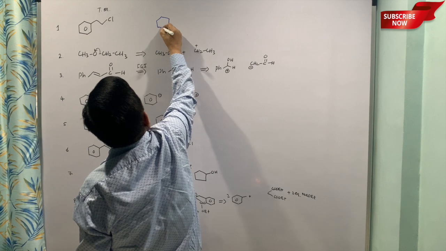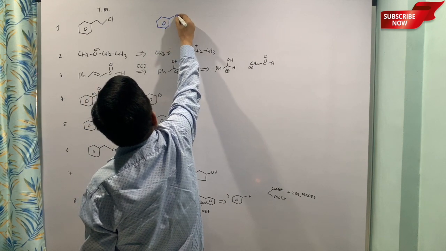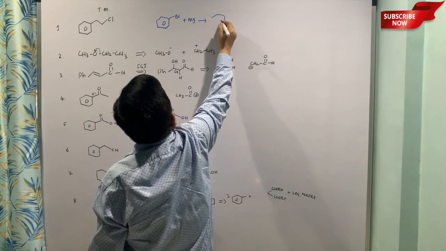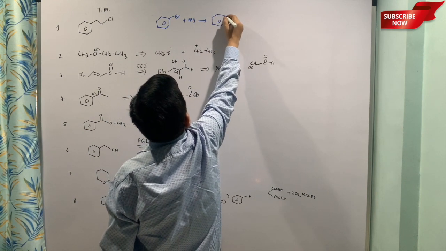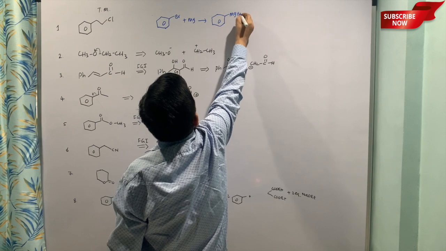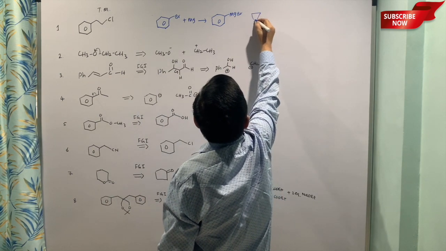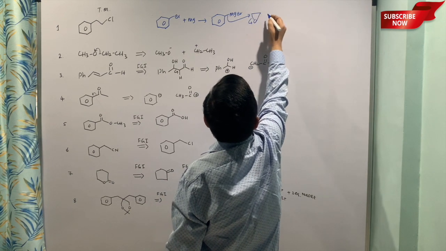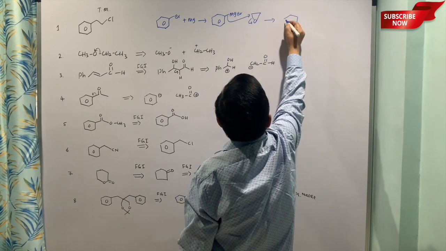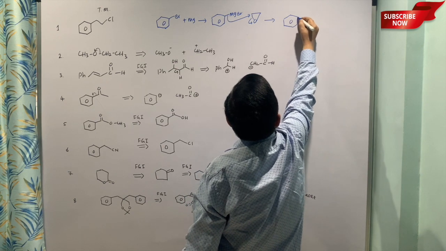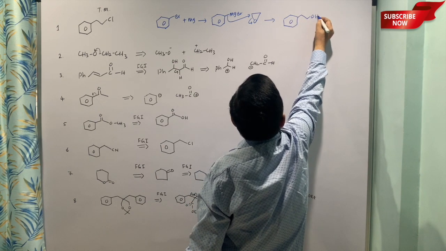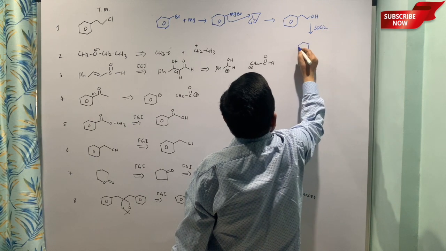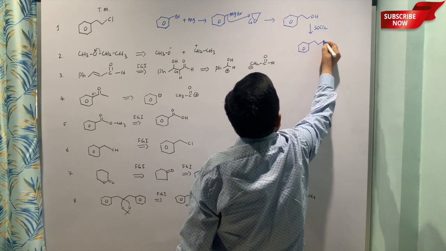So, my forward synthesis would be Br, magnesium, I will get MgBr, that is the Grignard we are looking for, and then the opening of an epoxide, whether it attacks here or here, it does not make any difference, and we get OH, and then thionyl chloride chlorination would give me the target molecule. So, this is the overall synthesis.